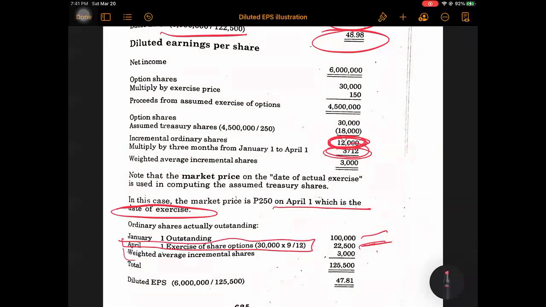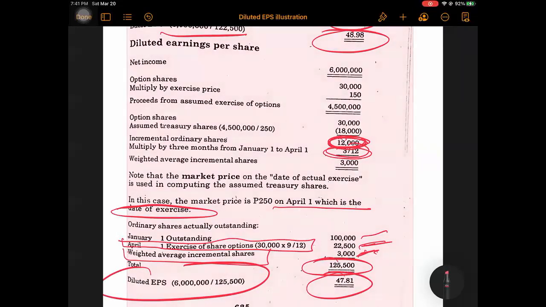So we add the weighted average incremental shares of 3,000 from the beginning of the year up to the date of exercise. You have the total of ordinary shares of 125,500. Then the diluted earnings per share is 47.81. Still dilutive, because it is lower compared to the basic earnings per share of 48.98.